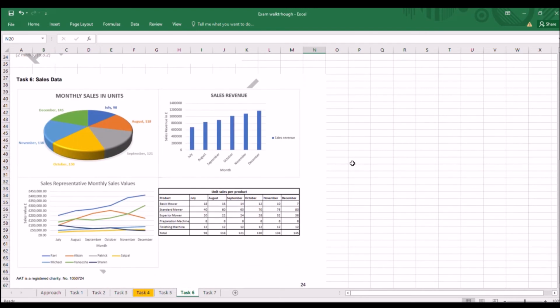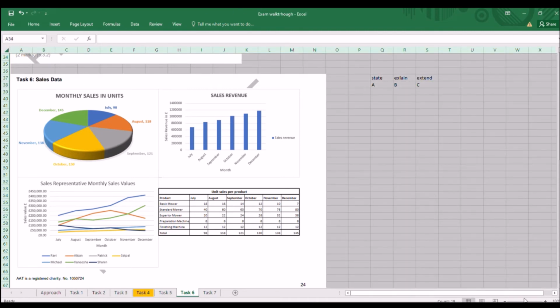Right. Okay. So, in this question, we've got written questions. So we've got our standard ABC marks of state, explain, extend. Okay, so that's how we're going to hoover up the marks. Let me make this a bit bigger actually, so we're going to see this.